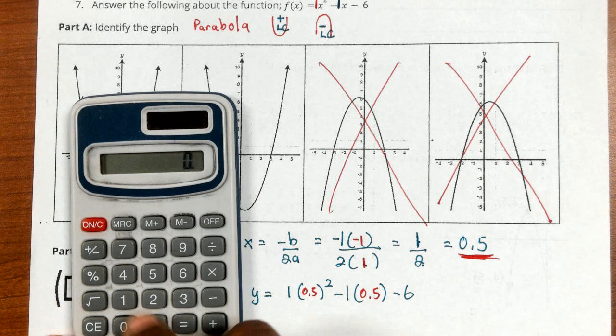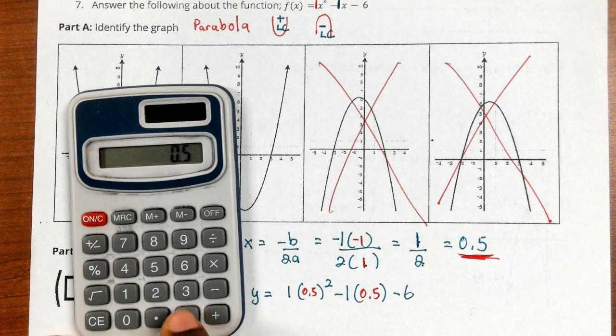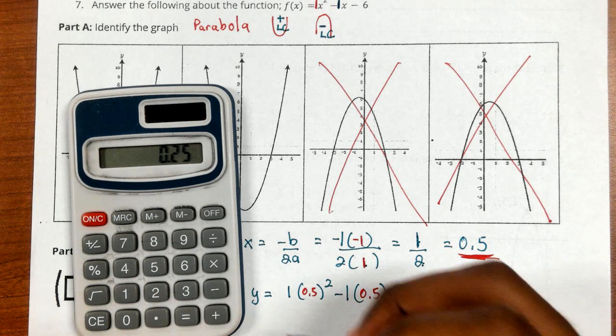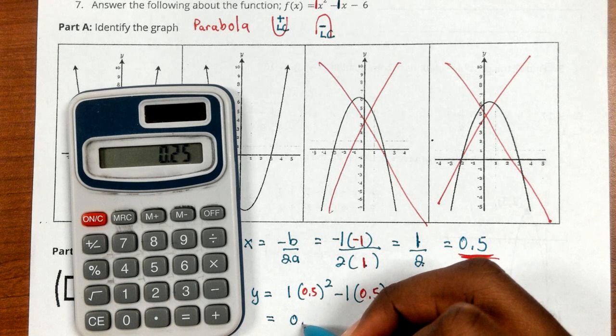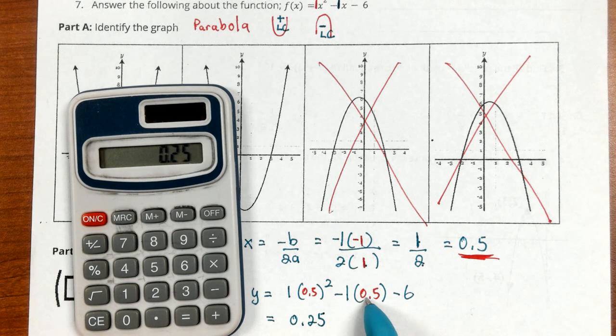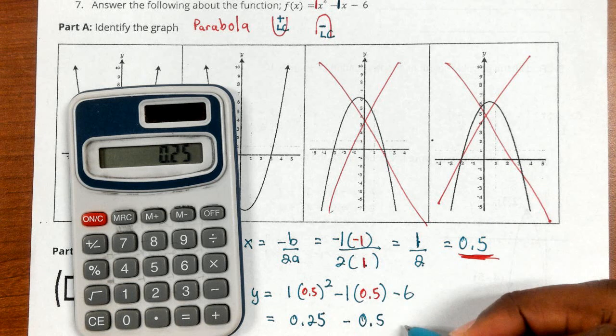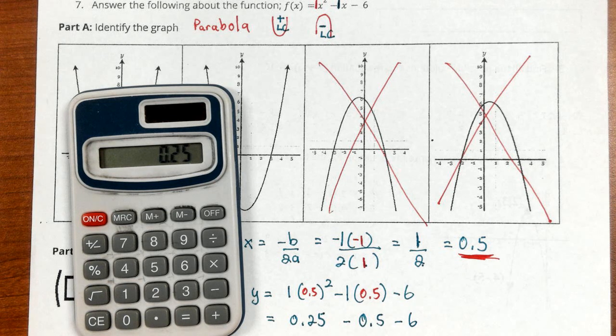I have 0.5 squared, which is 0.5 times 0.5, which is 0.25. Then you multiply it by 1. Anything multiplied by 1 stays the same, so it stays at 0.25. Negative 1 times 0.5, a negative times a positive gives me a negative 0.5. And then the negative 6, I bring it down.